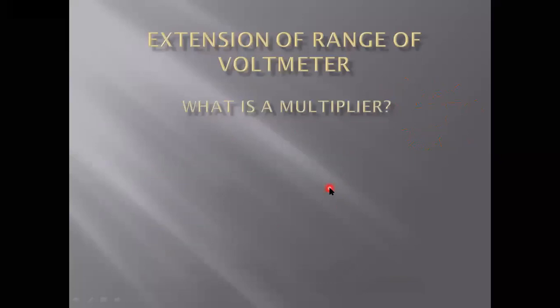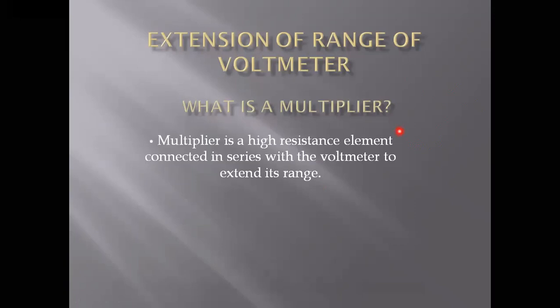Now let us understand how to extend the range of a voltmeter. For that, we have seen that a multiplier will help, and let us know what a multiplier is. A multiplier is a high resistance element connected in series with the voltmeter to extend its range.